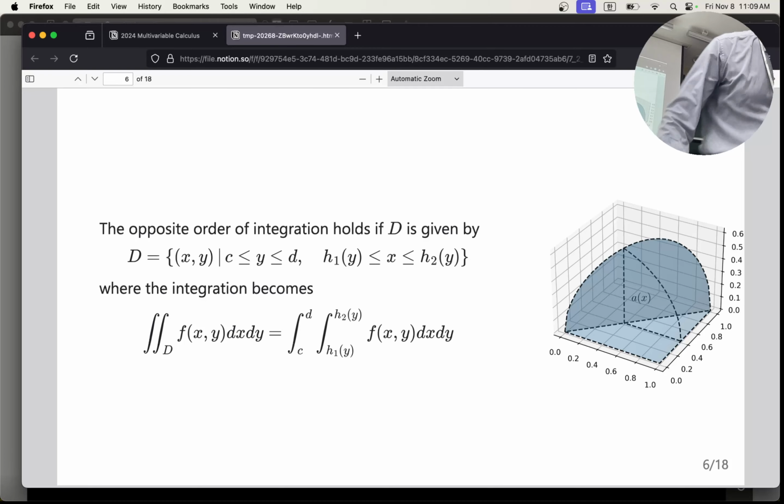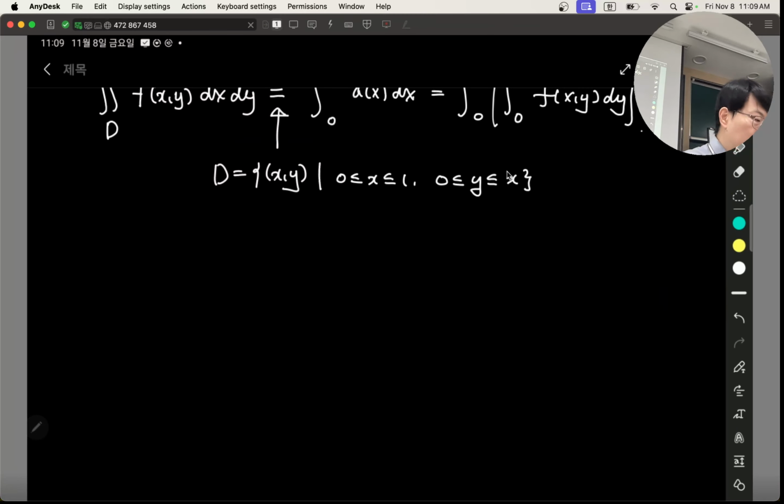So you can change the order of integration by changing the definition of your domain, but it's the same domain. When y is from 0 to 1, x is from y to 1.